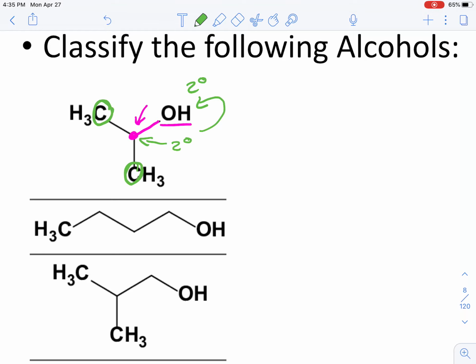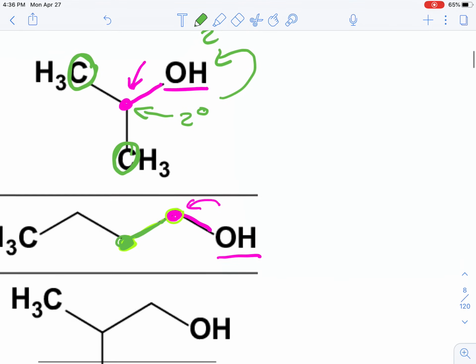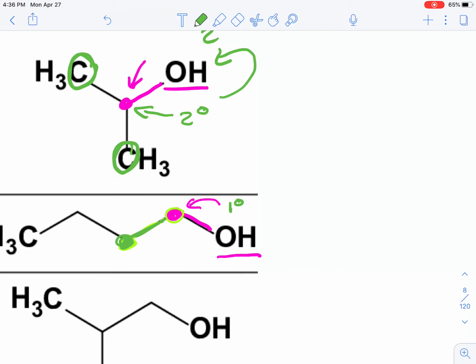And if you were to follow that same logic for the rest of these examples, here's our alcohol. It's covalently bonded to this carbon. And this is going to be the carbon that we're going to look at as our reference point. It's going to serve as our central atom. And you'll notice that this carbon that's in pink is going to be covalently bonded to one other carbon, making this carbon a primary carbon.